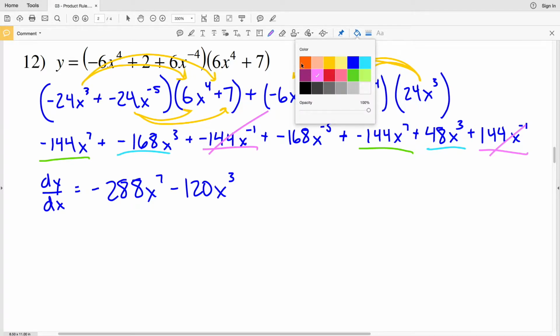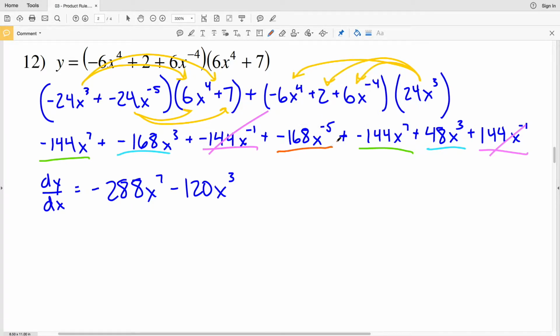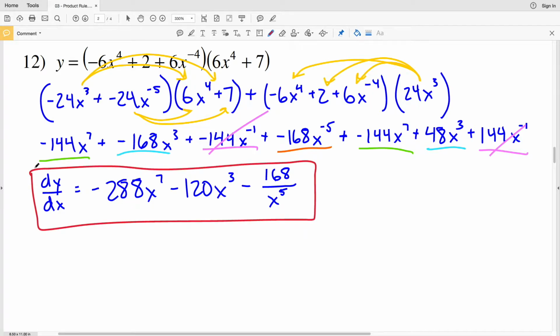So all I'll have left is negative 168x to the negative fifth, which I'll write as subtracting 168 all over x to the positive 5, or x to the fifth. So my derivative in number 12 will be negative 288x to the seventh minus 120x to the third minus 168 over x to the fifth.